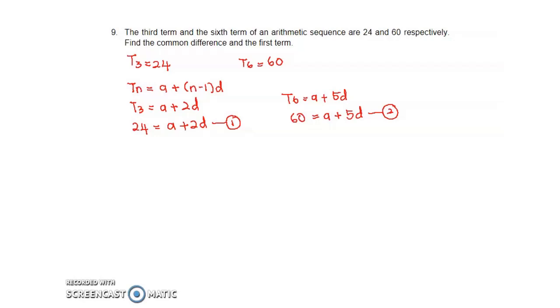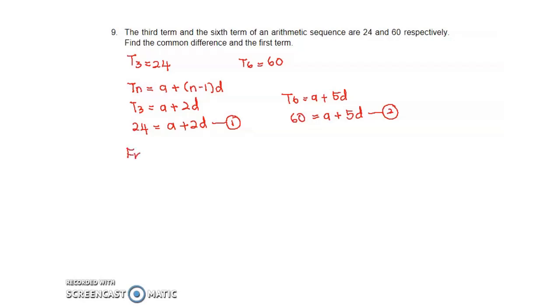Previously I used the method of elimination. Here I would like to show you using the method of substitution. It is easy for us to use substitution if the multiplier of the unknown value equals 1. In this case, A equals 1, so it is easy to use substitution.